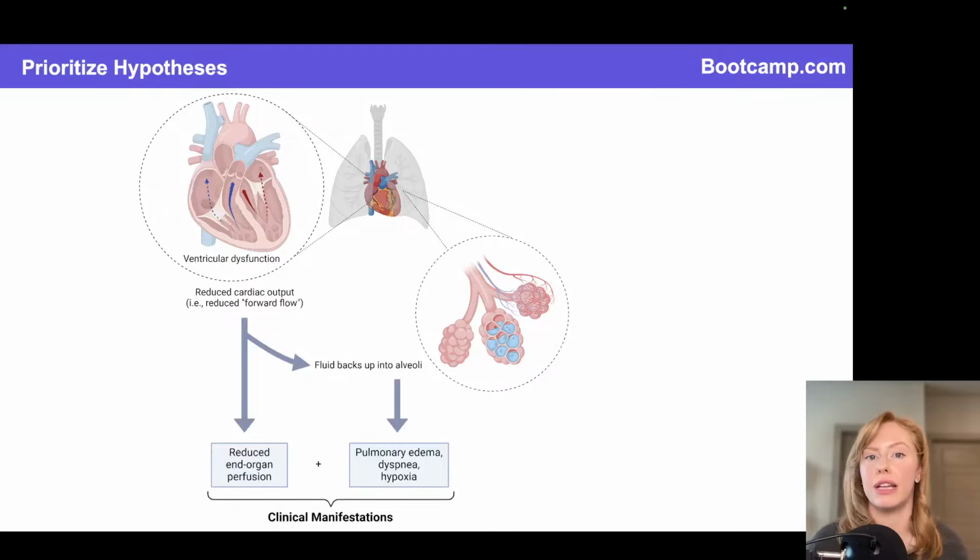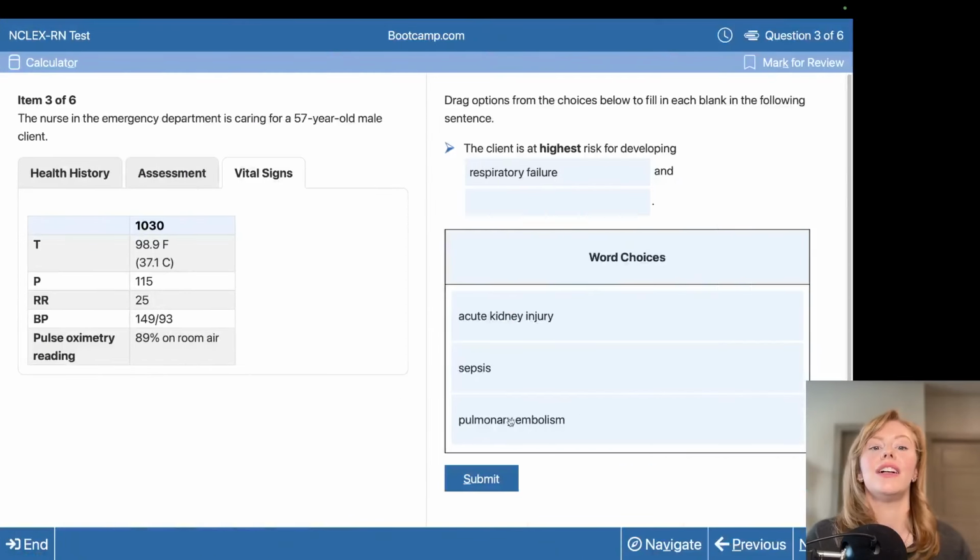Every milliliter of blood that leaves your heart, 25% of those go to the kidneys. So your kidneys are going to be affected first if you have a decrease in cardiac output, and you can start to have this reduced end organ perfusion and organ failure. So definitely, I'm worried about acute kidney injury. I don't know if it's one of my top two yet though, so let's put a pin in that.